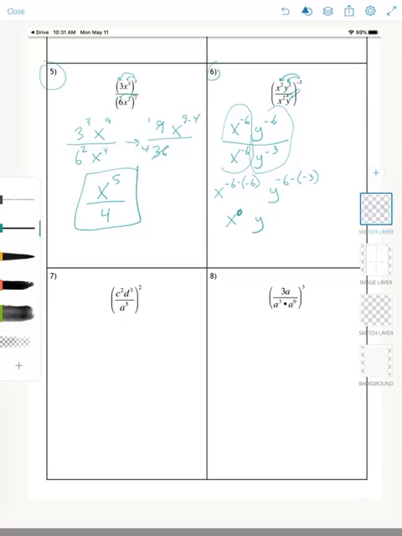And anything to the 0 power is going to be 1. And then y to the negative 6 minus negative 3 is plus a positive 3, so that's to the negative 3 power. So that's going to want to go to the bottom. X to the 0, remember, is just 1, so that's 1 on the top over y to the 3rd on the bottom.